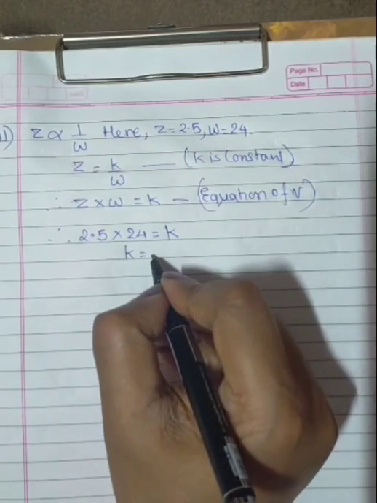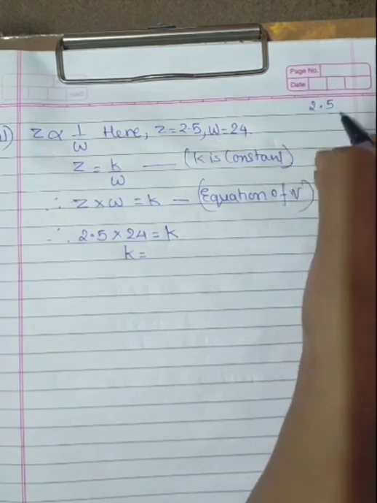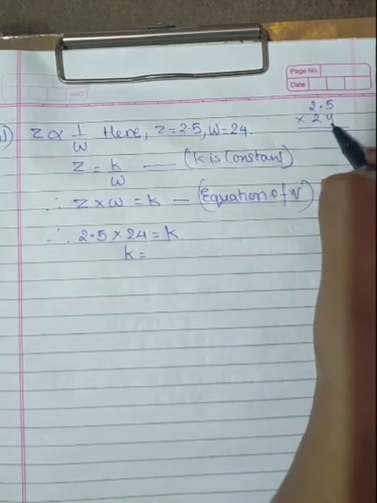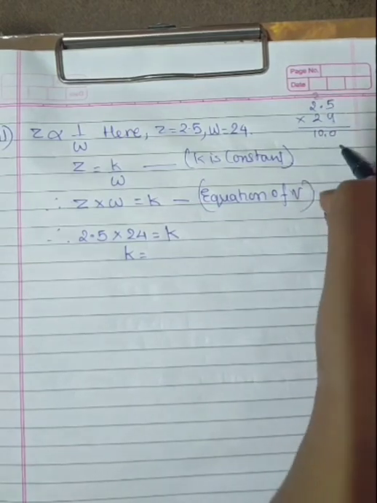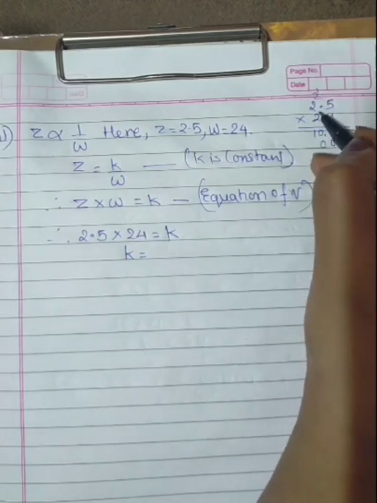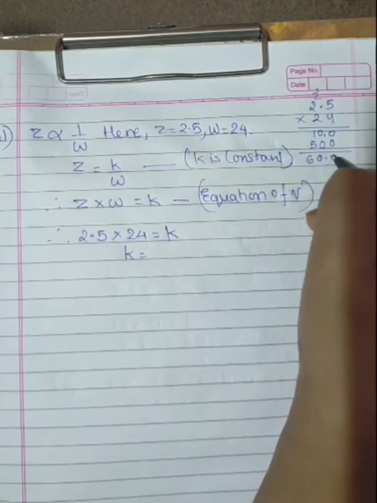Okay. Now to solve here, 2.5 into 24. Okay. 20, 8, 9, 10, then 10 4s are 40, 5, we got 60.